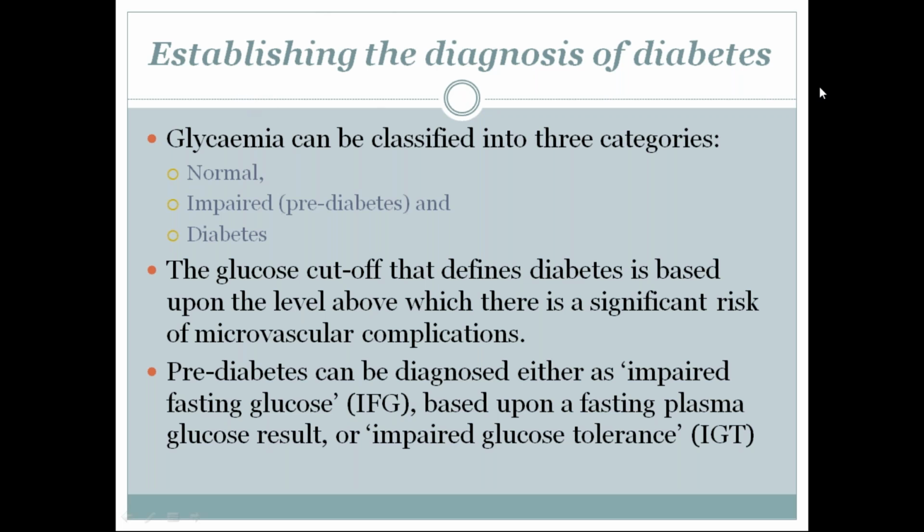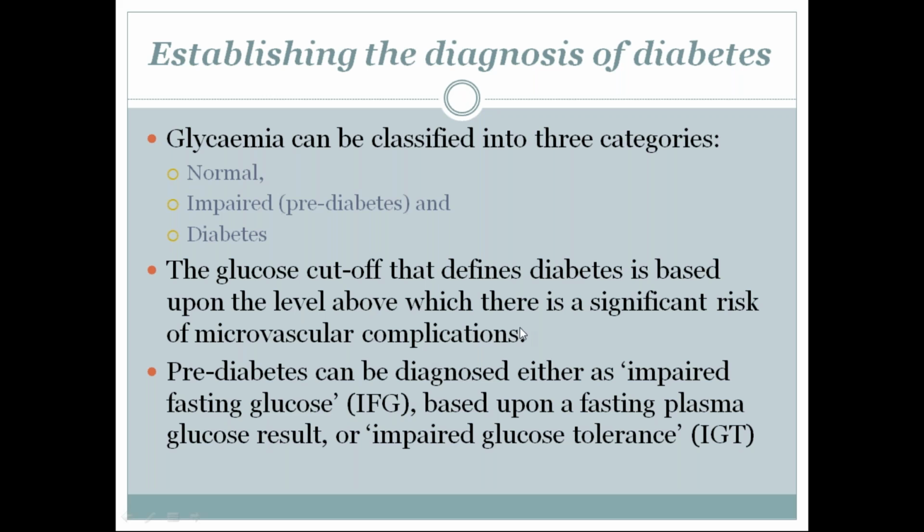Next, how do you establish the diagnosis? Based on the routine tests, the patient's glycemic status can be divided into 3 categories: normal, that is euglycemic; impaired, that is pre-diabetes; and diabetes. How do you define them? The glucose cutoff that defines diabetes is based upon the level above which there is significant risk of microvascular complications.